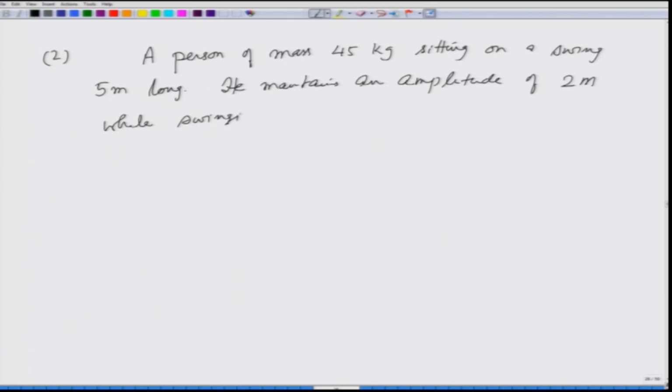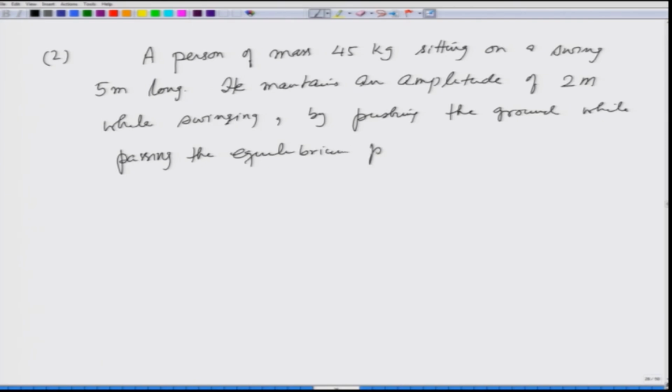And how does he do it? By pushing the ground while passing the equilibrium position, moving backwards.